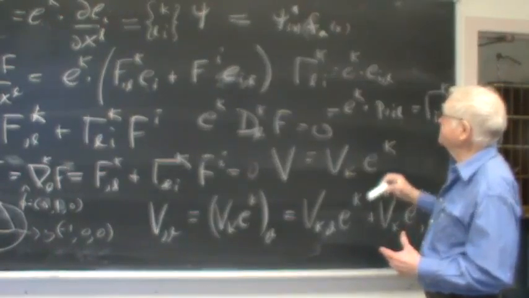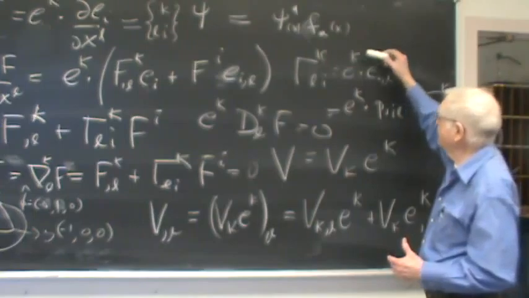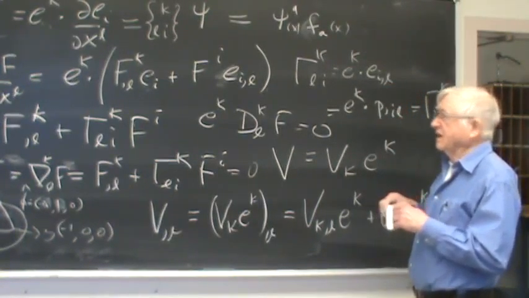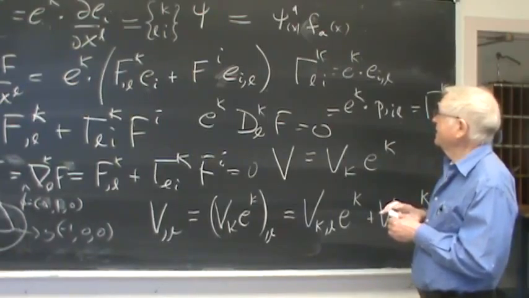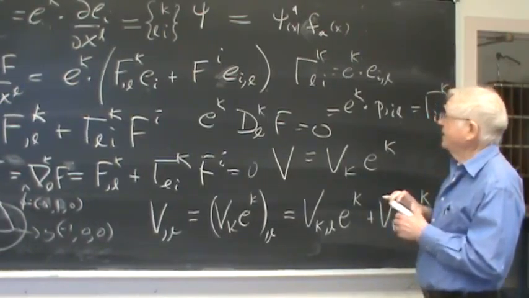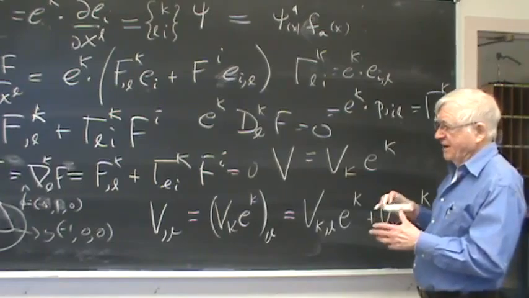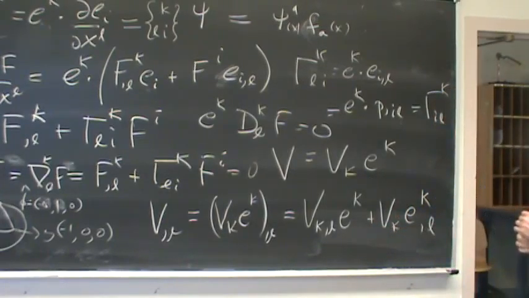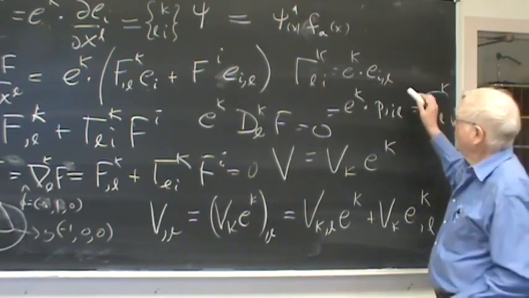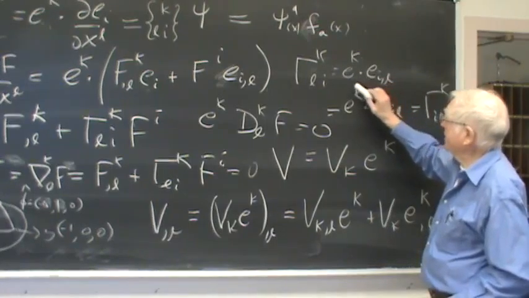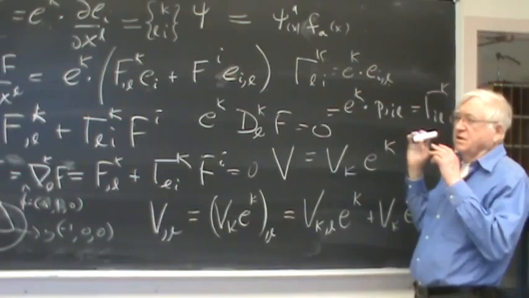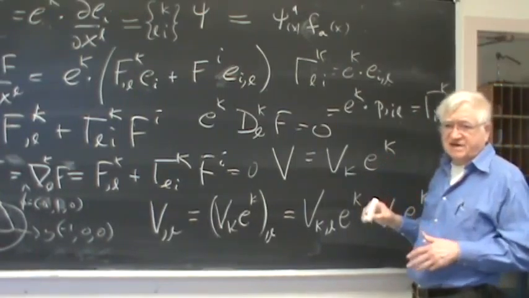Whether an index is contravariant or covariant is one thing, and that says how that index transforms under general coordinate transformations. But the point is that once we take the dot product of this with the derivative, it no longer transforms like a tensor. Okay.